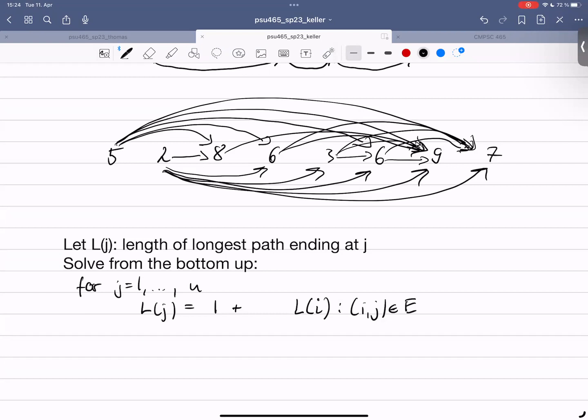We have this 1 extra edge from one of the predecessors, meaning from one of the nodes that connects to my node with an edge. And all these transitions are permissible. The maximum, exactly. So we take the maximum over all these Li's that connect basically to Lj. That would be a 1 plus the maximum over all Li's.